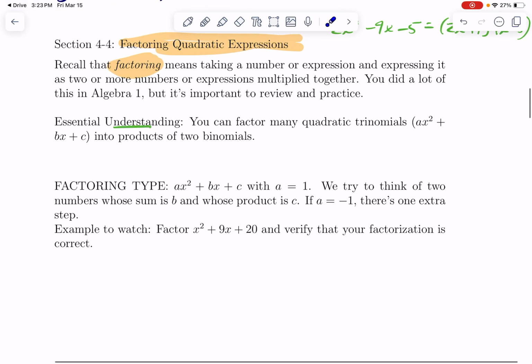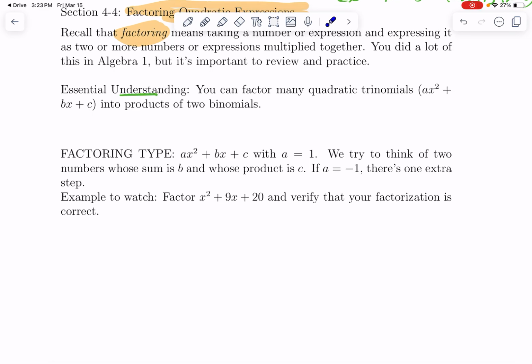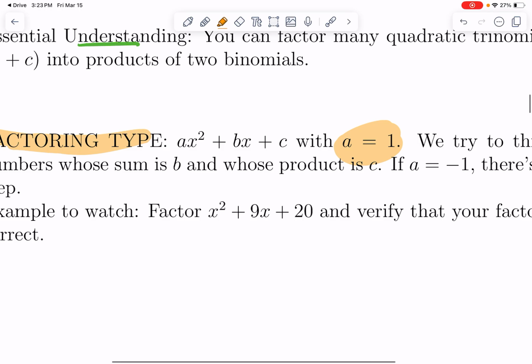So here is the easiest type, and luckily the easiest type is also the type you will encounter the most often. It's a quadratic where the leading coefficient is 1. So it starts with just plain x squared, not 2x squared, not 7x squared. It starts with plain old x squared. So what we do there is we focus on the other numbers.